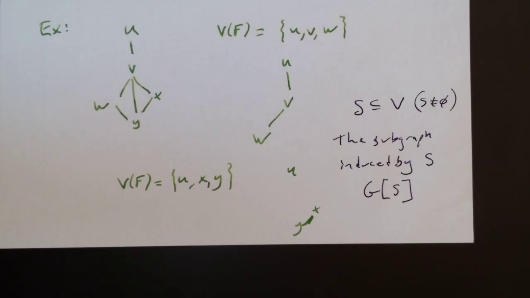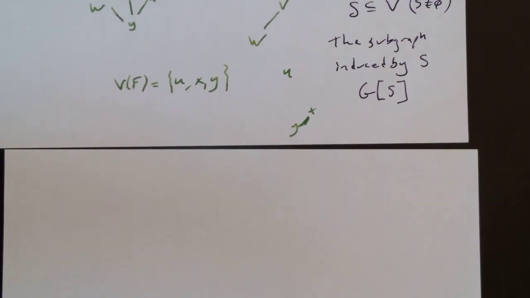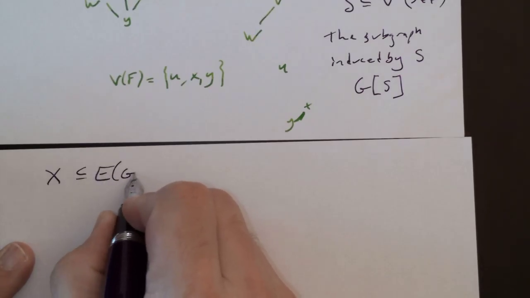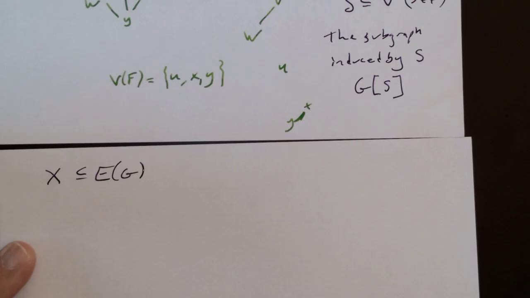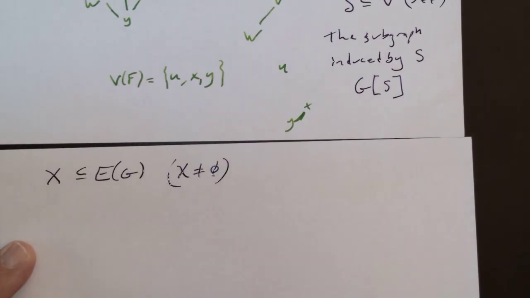I could go the other way. I could ask you to pick edges and then decide on the graph from that. So I have a vertex-induced subgraph. I can create an edge-induced subgraph. I'm going to say that our set cannot be empty again.